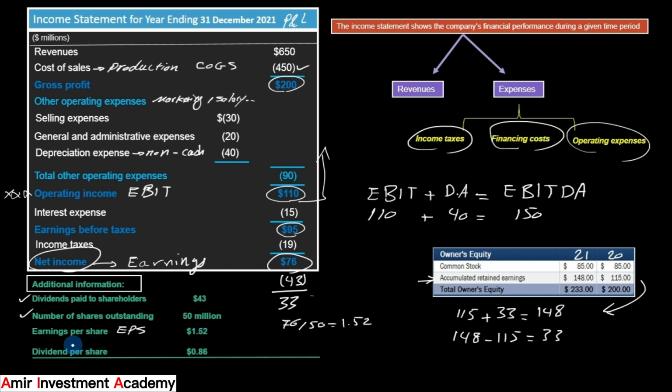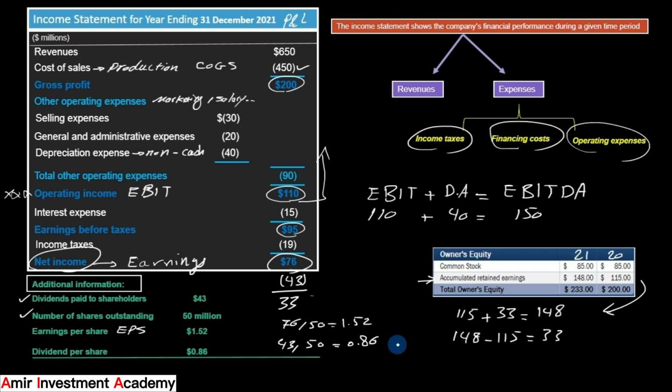Now the next line is dividend per share, in our case 86 cents. Again, you take your total dividends paid, which is 43 million, and divide by the total number of shares outstanding, 50 million. That will be 86 cents.